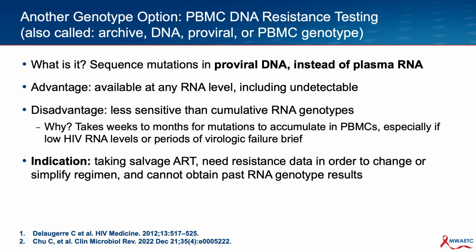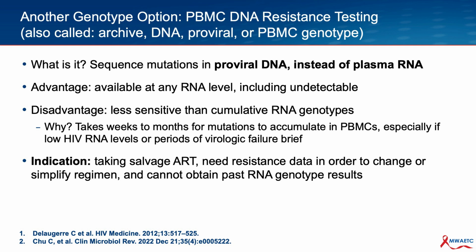But it is important to know that studies have shown that even for groups with documented, let's say M184V on RNA genotypes, the DNA genotype may only pick up that M184V 50% of the time. So it is important to know that this test can miss mutations. So you always have to think about that when assessing results. Why is it less sensitive? There's a really nice review, this citation number 2 at the bottom from Carolyn Chu and Bob Schaefer, that really goes into this nicely.